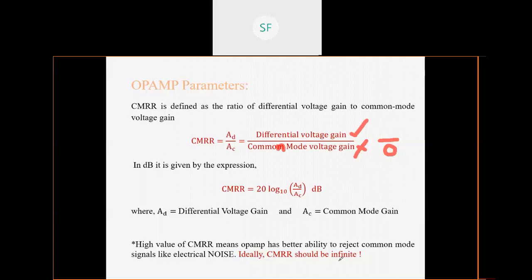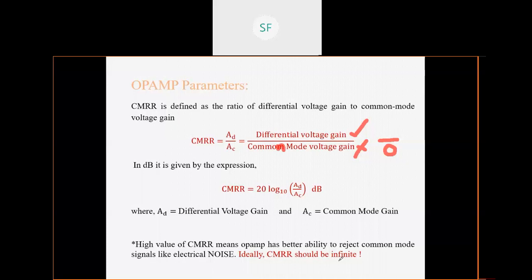Now this is a very important point. Suppose the question has been asked like this: what is CMRR? You knew what CMRR is and what the ideal value of CMRR should be. Then suppose you are told that CMRR should be infinite, but why do we want CMRR infinite? This is the next question.